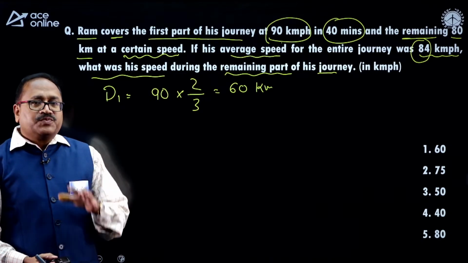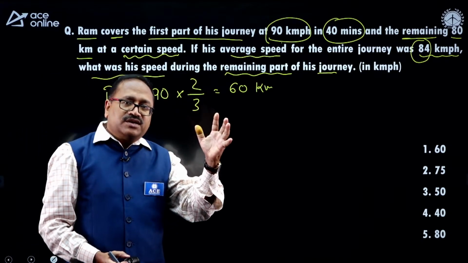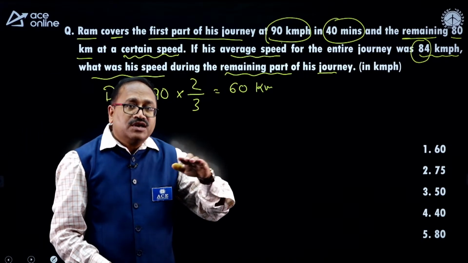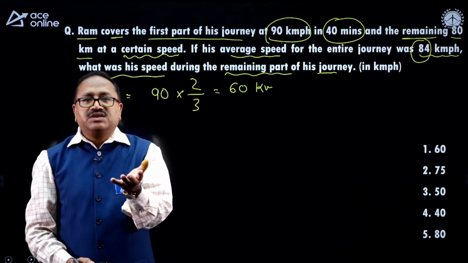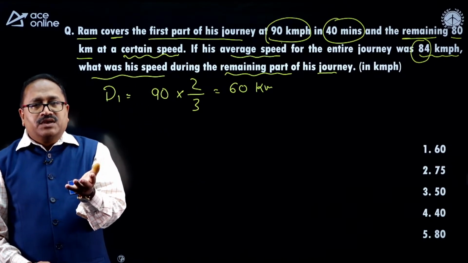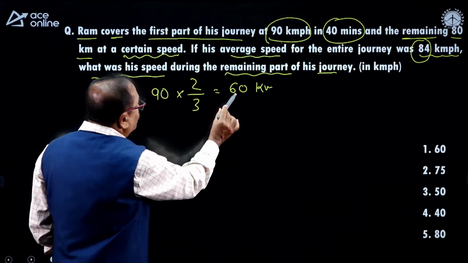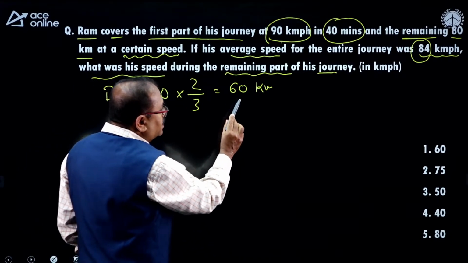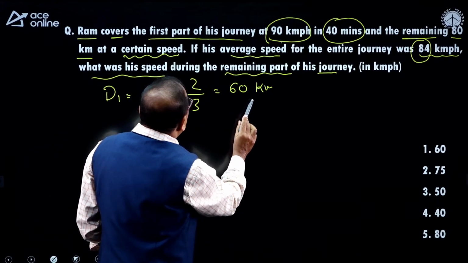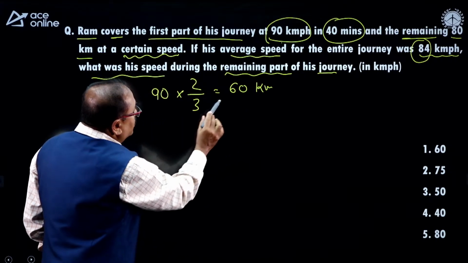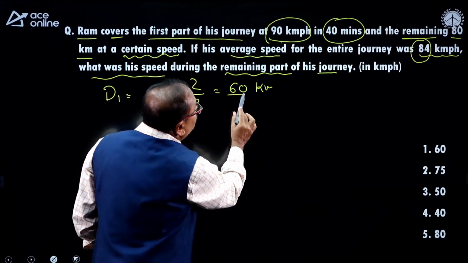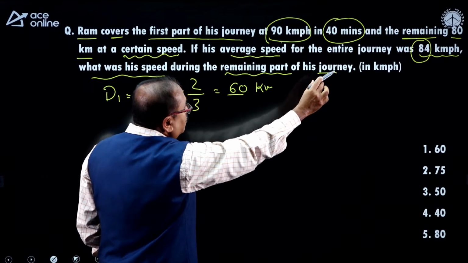And you know the average speed is equal to total distance by total time. It's a basic formula. So let us write down over here, that is the average speed, that is total distance 60 kilometer plus another 80 kilometer.